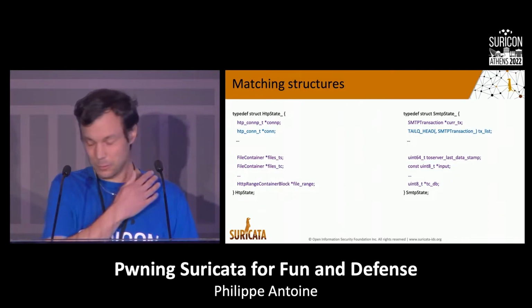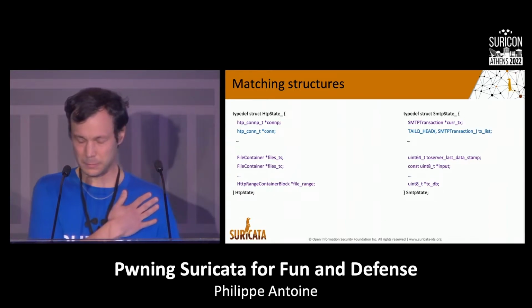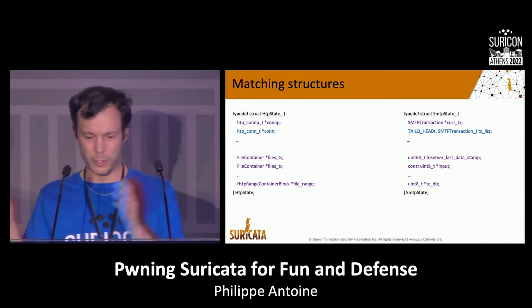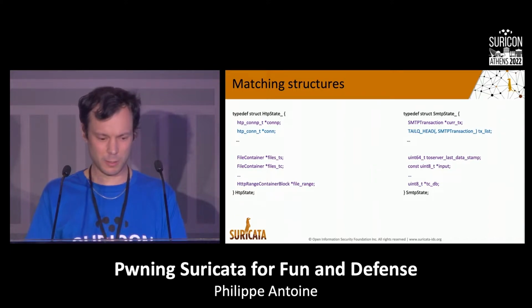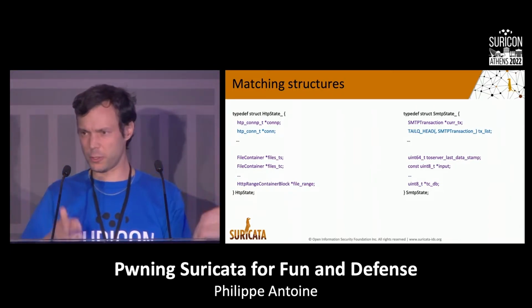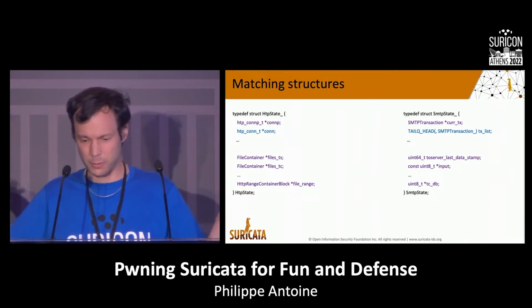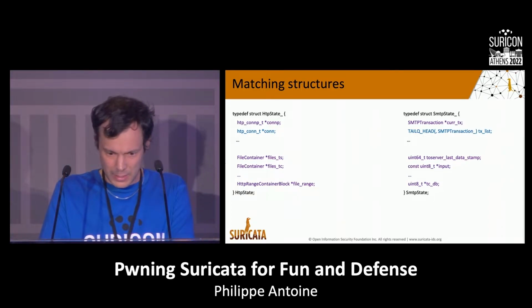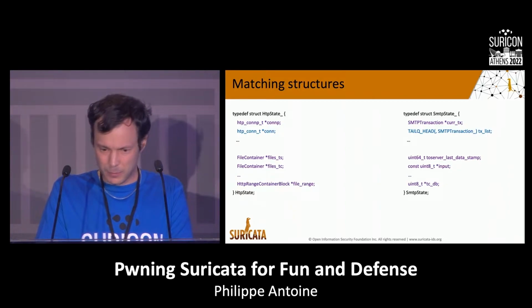And to do this talk, I also gave myself the permission to look into the whole range of commits where there was the vulnerability. So the state structure evolved during 2 years, so the matching of structure evolved.